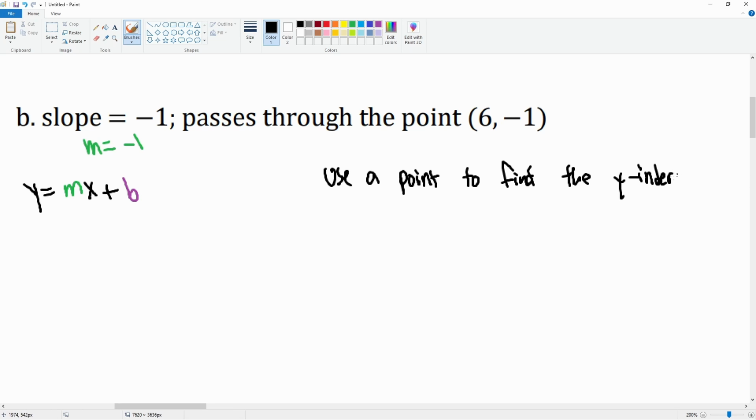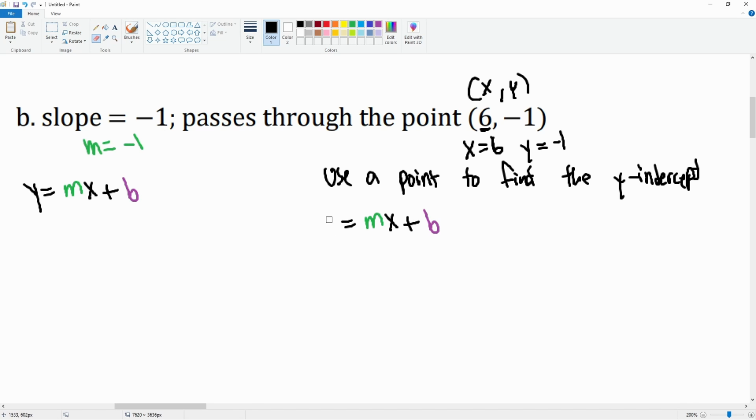And to do that, we have to use this equation of y equals mx plus b. The point supplies us with an x value of 6, because that's the x value, right? A point is x comma y, and the y value of -1. Let's substitute it in here.